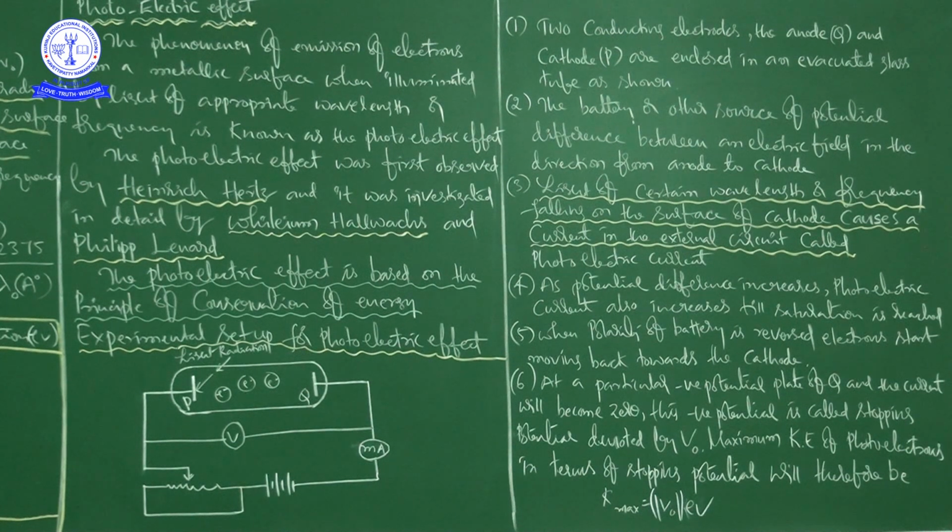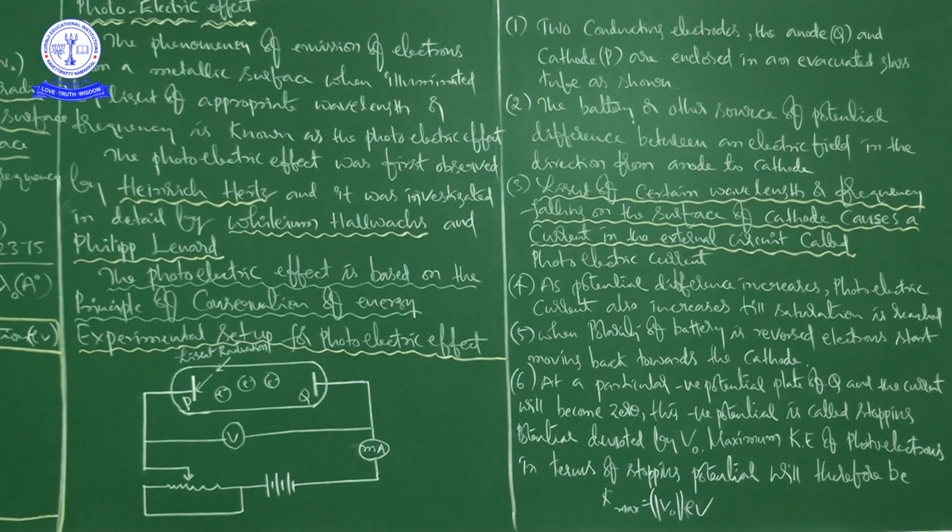Plate Q is at negative potential with respect to plate P. So whatever we have here, now it is positive to P and negative to Q. Originally it was positive to Q and negative to P; that is reversing of a battery. So when polarity of the battery is reversed, electrons start moving back towards the cathode.